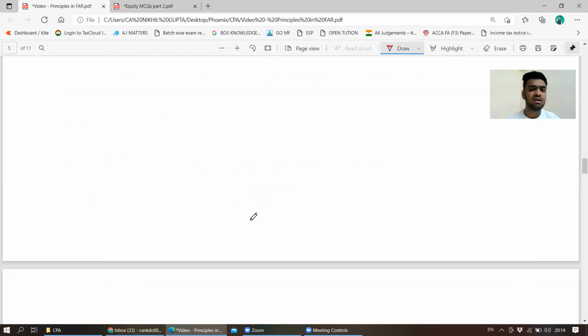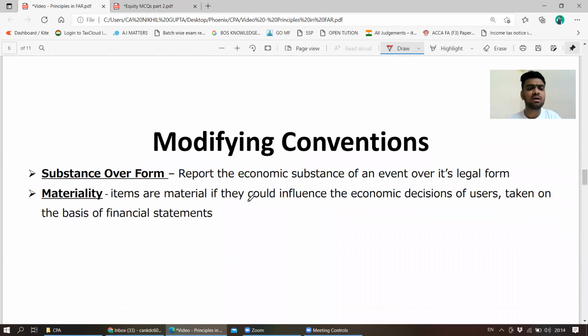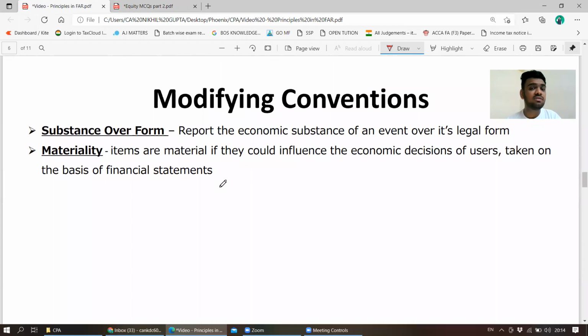Now, there are some conventions, some protocols, some rules that modify the thorough principles as well. When I talk about substance, it should be shown in the transaction.